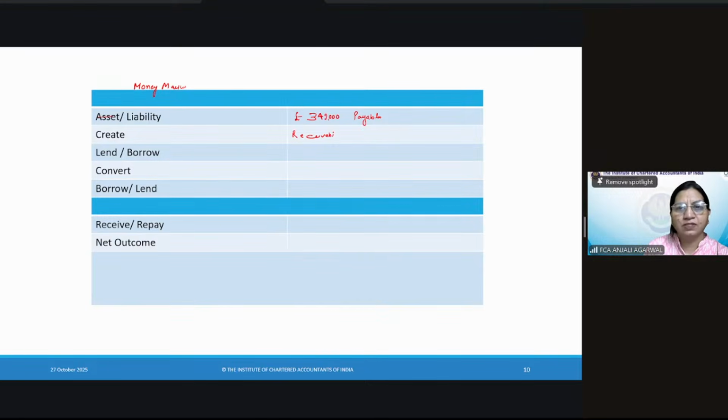Now, if you want to receive exactly after 3 months, if you want to receive this money, you will have to invest. So either you say lend or invest. Where? How much? The present value.